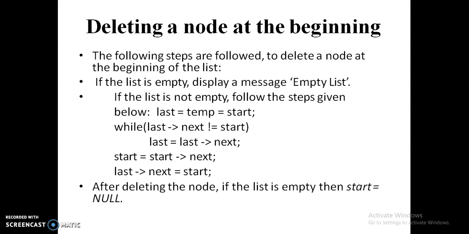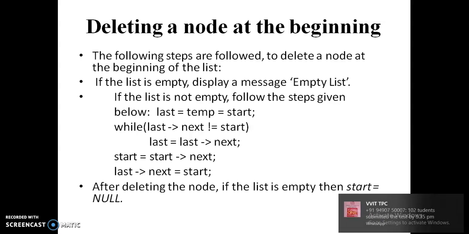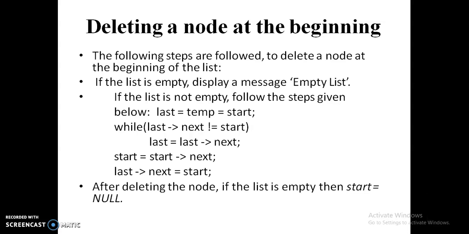Now the starting node is the second node in the linked list. So we will assign this start node as the next node of the last node. So last of next equal to start. So our new start node is assigned as the last node's next. We are moving the start variable to the next node, and the updated value of the start is assigned to our last node's next.